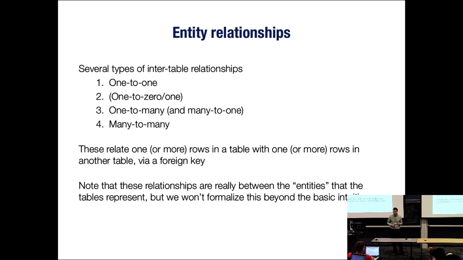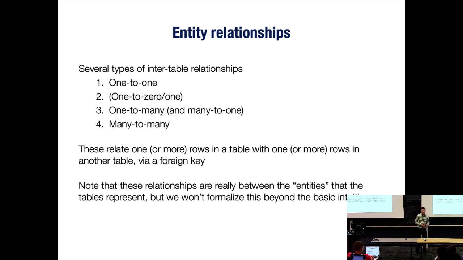I'll give examples of all these, by the way. I'm just listing what they are. And there's a many-to-many relationship, which is probably the hardest to instantiate and get your mind around, but it's not that hard either. Essentially, all these relationships relate one or more rows in a table with one or more rows in another table.